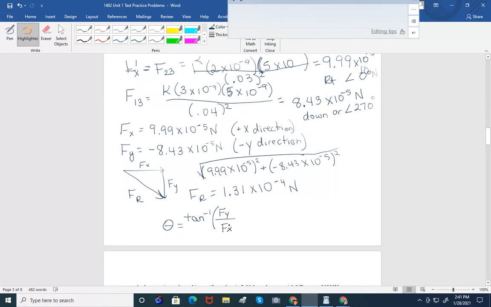Now, if the x component is negative, it means we're in quadrant 2 or 3 and we'll have to add 180 degrees. But ours is not. Our x component is positive, so we don't have to add the 180. So it's the tangent inverse of y over x, negative 8.43 times 10 to the negative 5 over positive 9.99 times 10 to the negative 5.